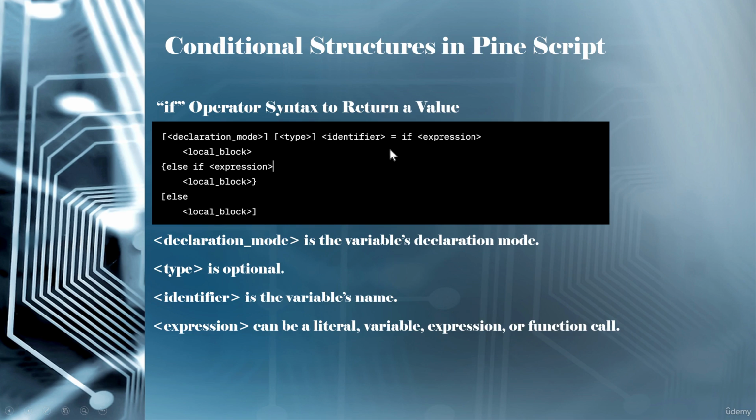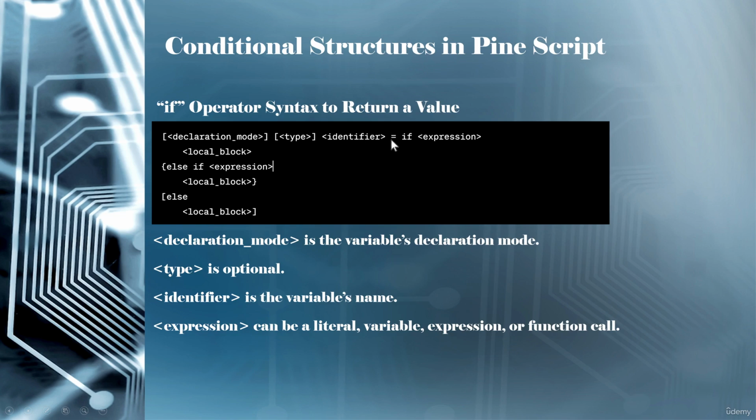The difference between using the if operator that returns a value, compared to using the if operator that does not return a value, is that we assign the return of the if operator to a certain variable. In this case, it's scripted as identifier equals.